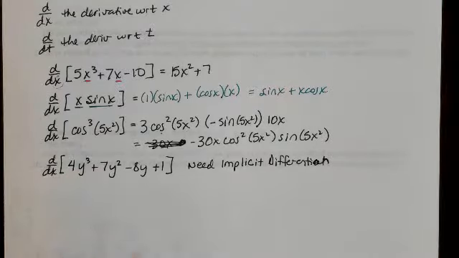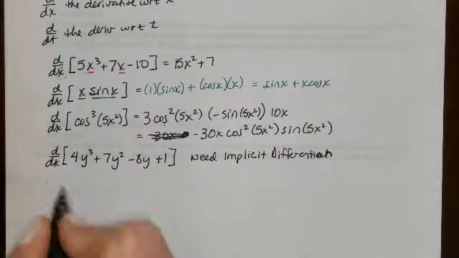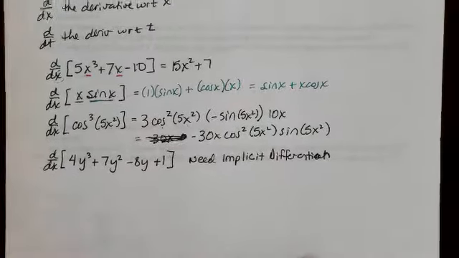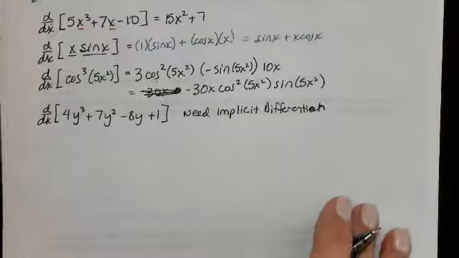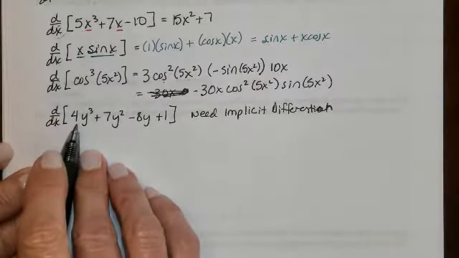Okay, so that's where we're headed. That's what we need to be able to do here. So before I just tell you how to do it, let's talk about why we're going to do what we're going to do.